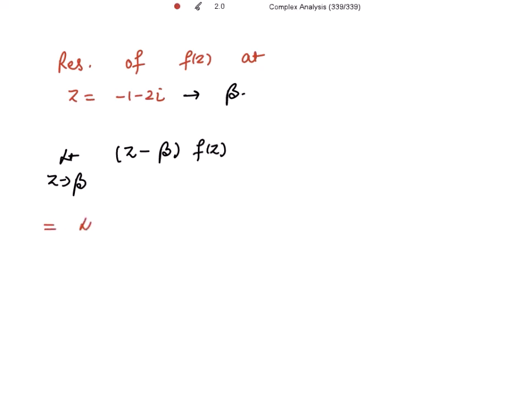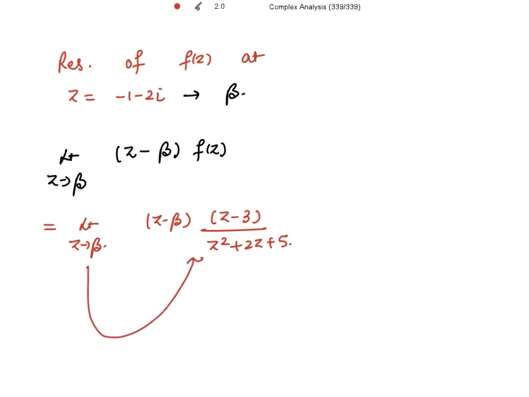So this is equal to limit z tending to beta, (z minus beta) into, what is f(z)? It is z minus 3 divided by z square plus 2z plus 5. When putting z equal to beta in place of z, it is of the 0 by 0 form. So now we have to apply the L'Hopital's rule.